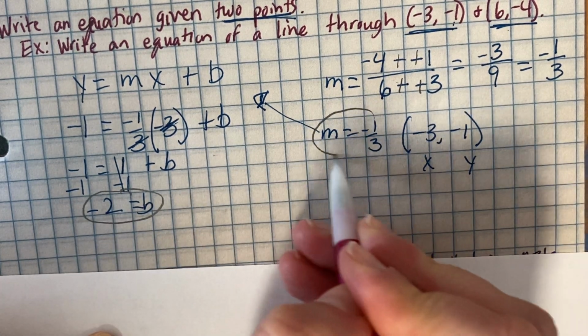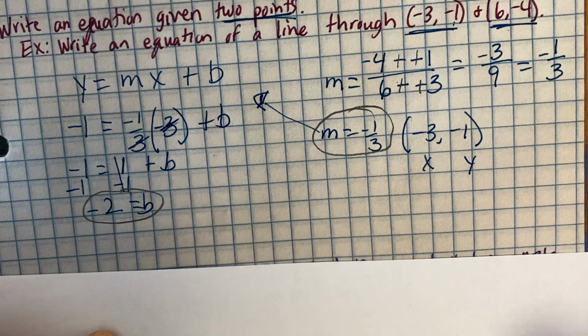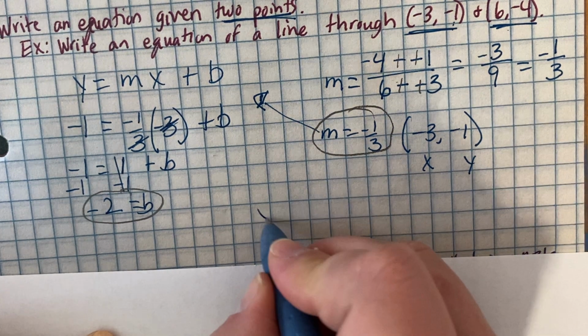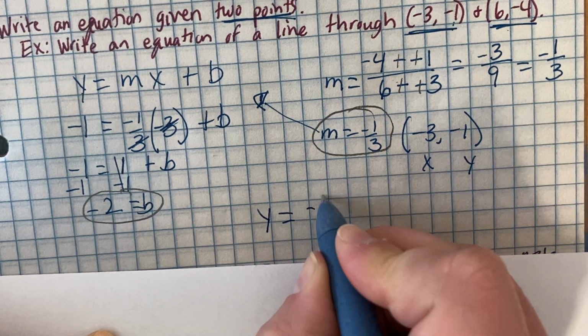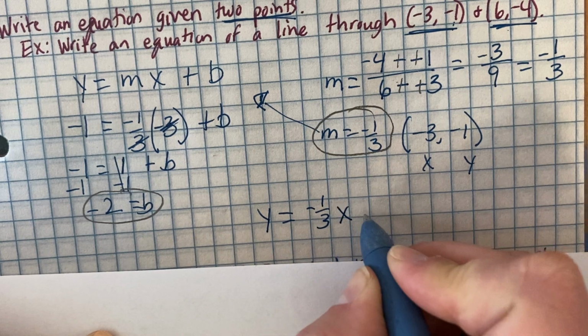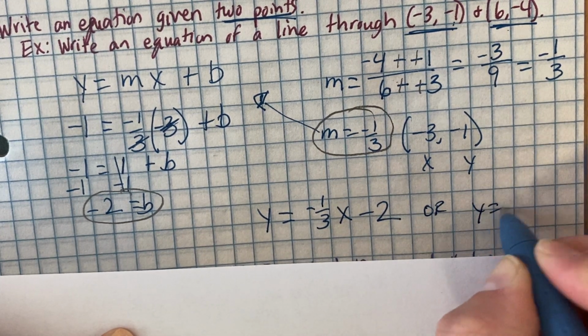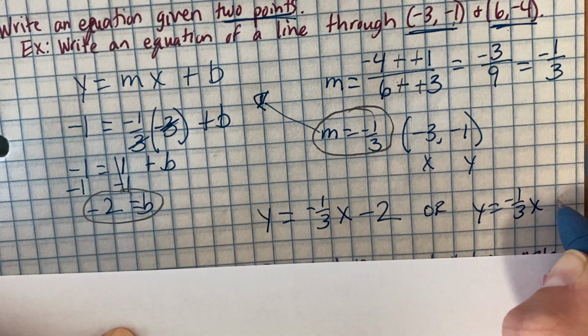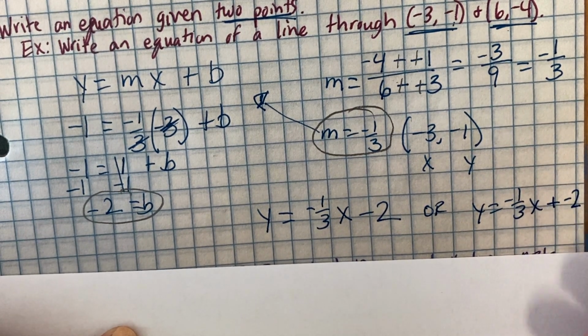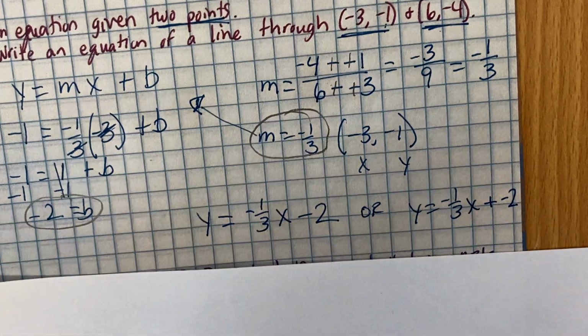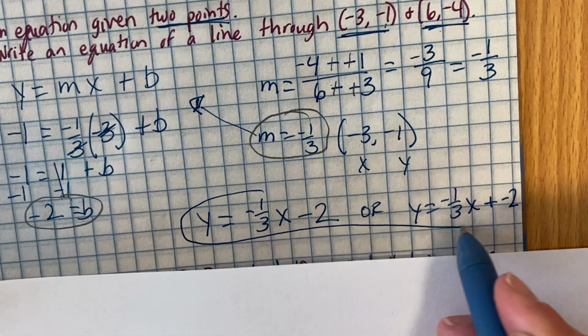I know that m is -1/3, so now I just need to plug those into my equation. Y equals -1/3 x minus 2, or y equals -1/3 x plus -2. Either works. That's going to be my answer.